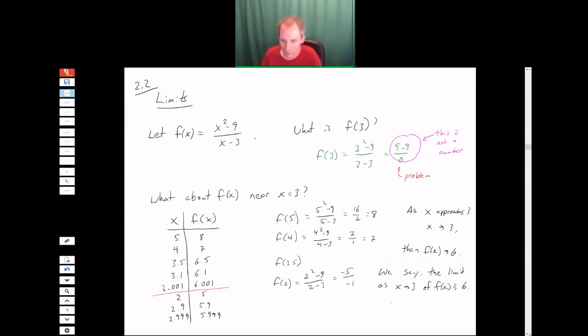And the way that we write that is I write lim for limit. Underneath it, I write what x is doing. x is approaching 3. And then I say, well, this is the limit of what? It's the function f of x. So put that next. And is 6, so is means equals. Okay, so this means this. And this is our intuitive idea of a limit. We're looking at what happens to a function as our x value gets closer and closer to something, what happens to the y values.